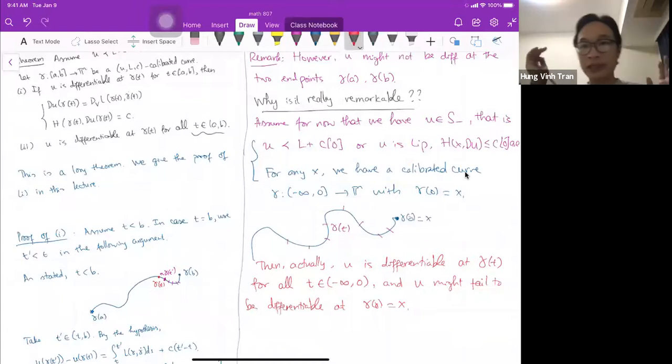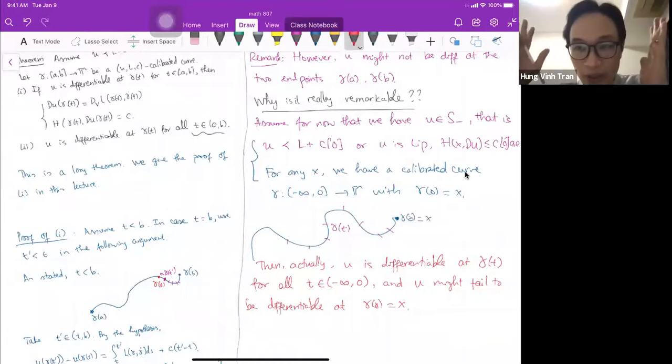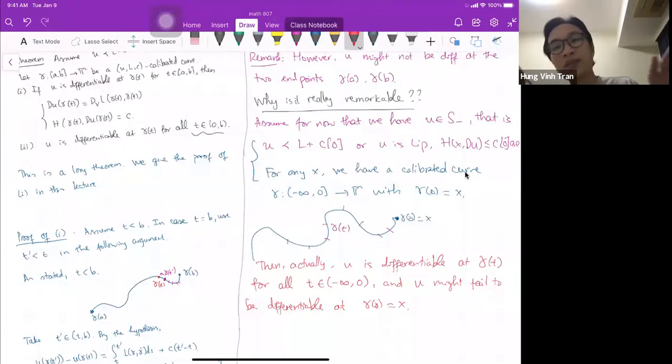And now again, in dynamics, especially in 2D, when you have a simple topology, just a plane or a torus, sometimes you have a bunch of those calibrated curves, and they can foliate, or fill in the whole torus or something like that.